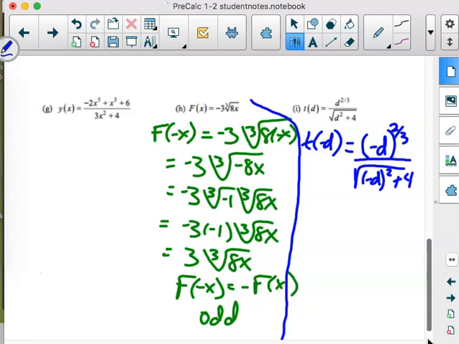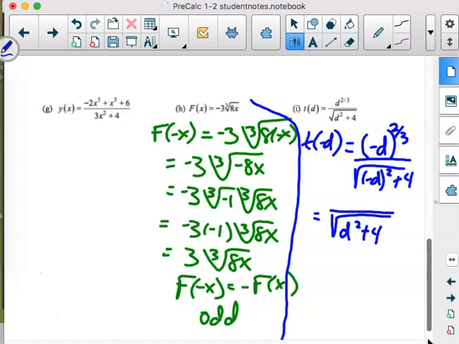And like I said, if you've done all the rest of these, you know this is just such a piece of cake. Negative d squared is, of course, positive d squared plus 4. But it's that numerator that's little, new, and different. And that's because it has a rational exponent.